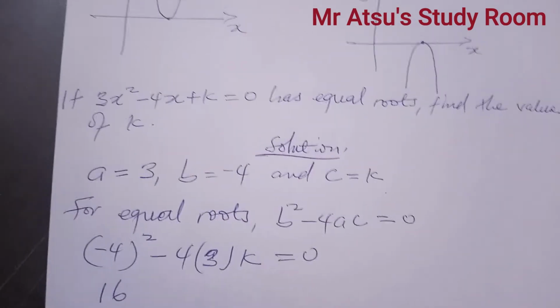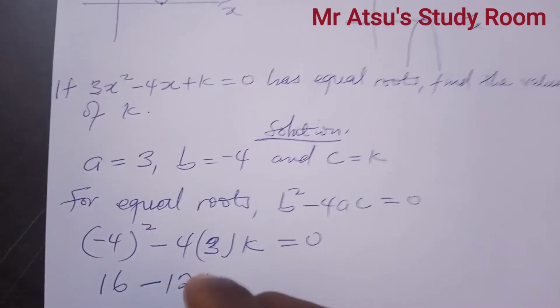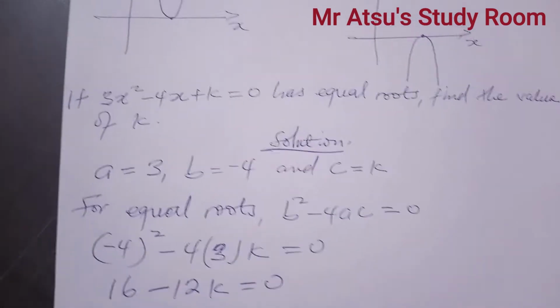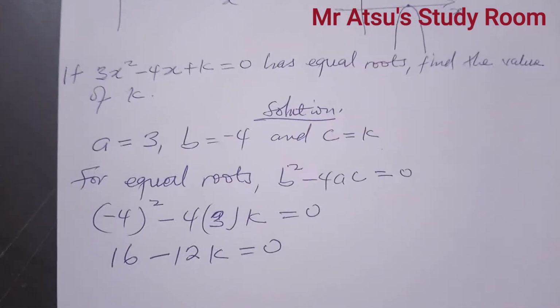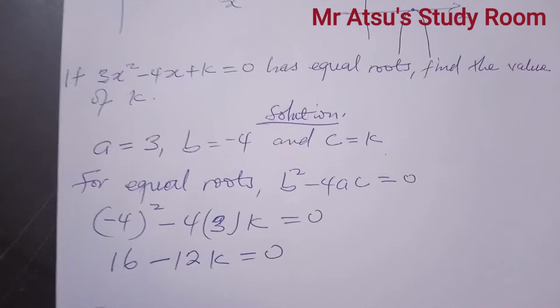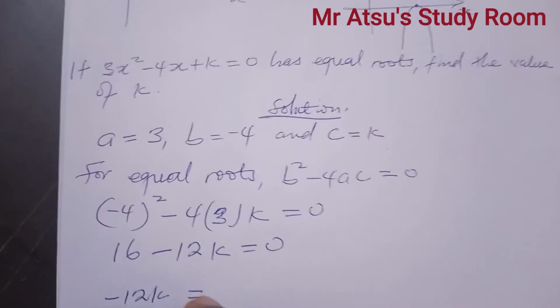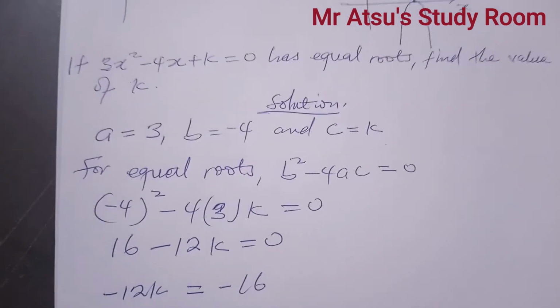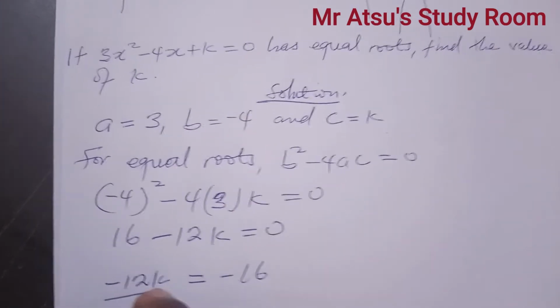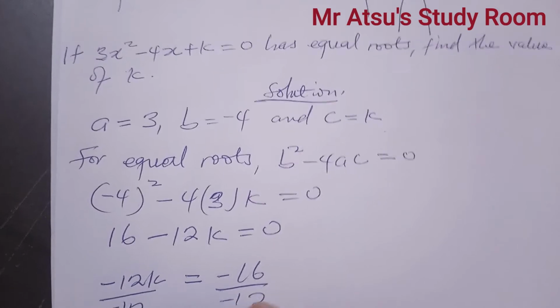-4 squared is 16 minus 12k is equal to 0. We are looking for the value of k. So we group like terms. -12k will be equal to -16. We divide both sides by -12 since we want the k to stand alone.